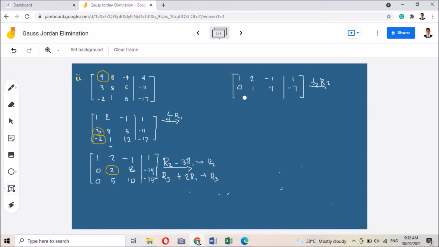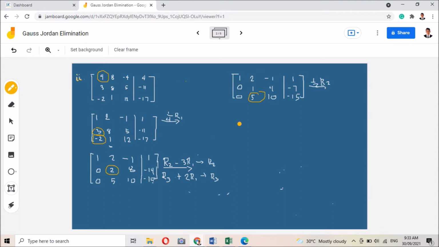And the new entry for row 2 is 0, 1, 4, and negative 7. For row 3, we'll just copy. Since we already have the leading entry equal to 1 in row 2, the next step is to make this entry equal 0.